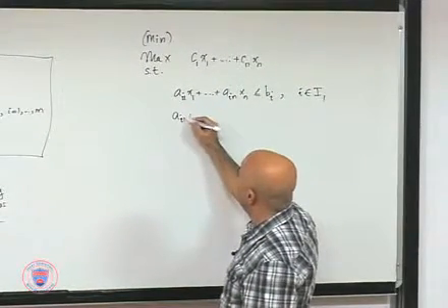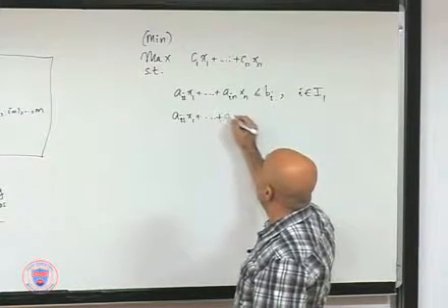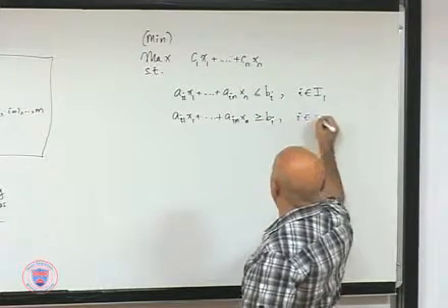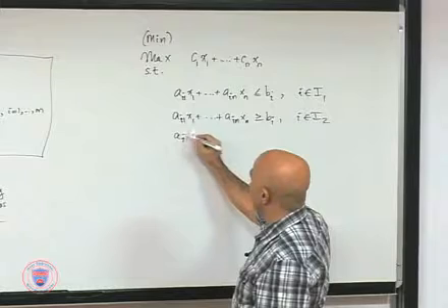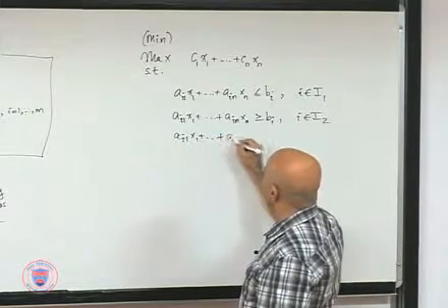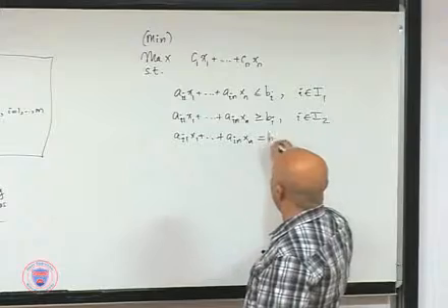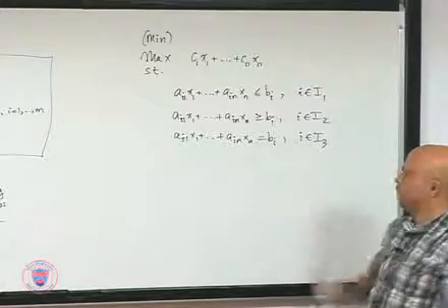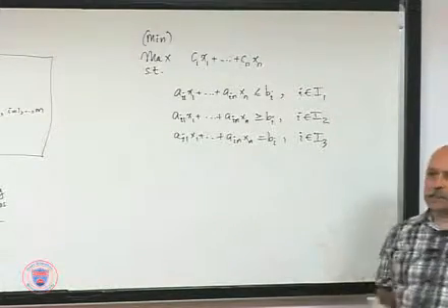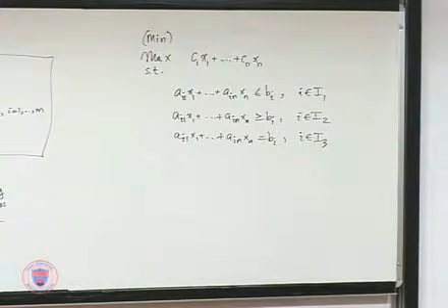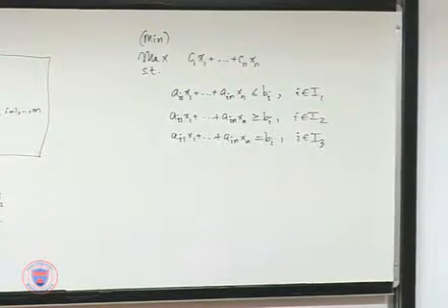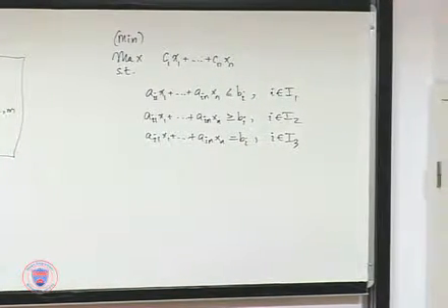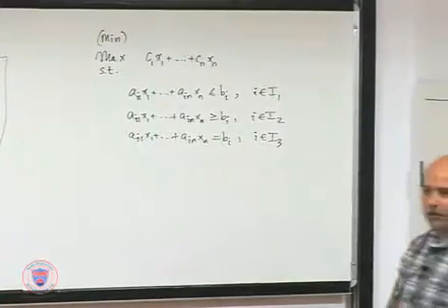Similarly, Ai1 x1 up to Ain xn greater or equal bi for i in I2, and Ai1 x1 up to Ain xn is equal to bi for i in I3. If any of these index sets happens to be empty, of course you just omit those kinds of constraints. They cannot all be empty because you've got at least one functional constraint under normal circumstances.